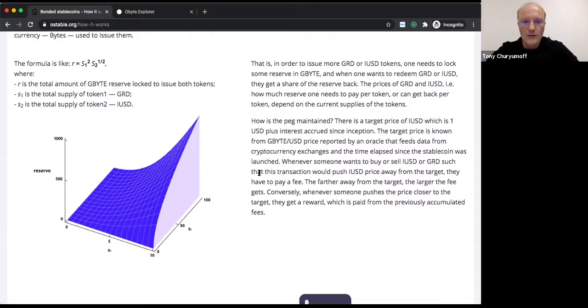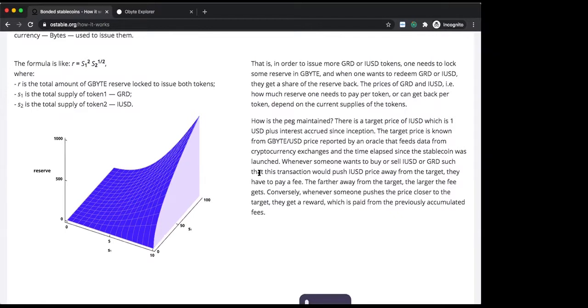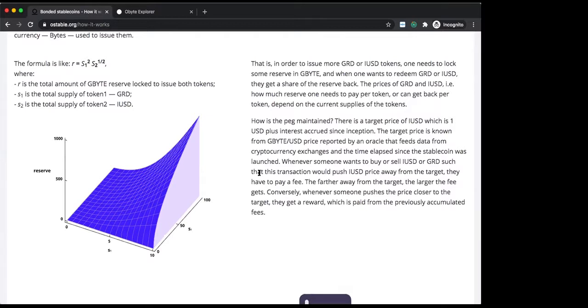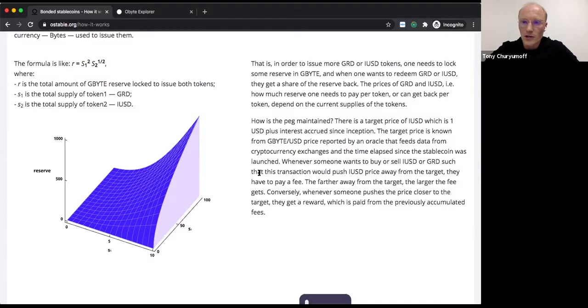There is an infinite number of points on the curve that allow to have the desired price of one of the tokens. So we can keep the price of one of the tokens close to the peg, while the price of the other token changes.